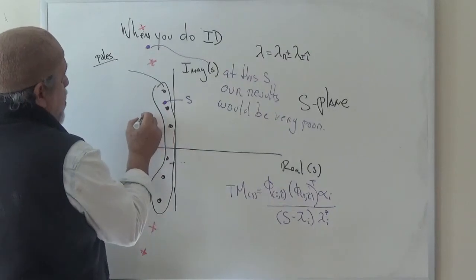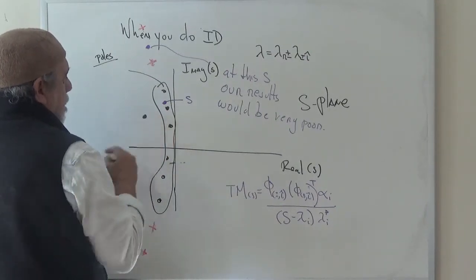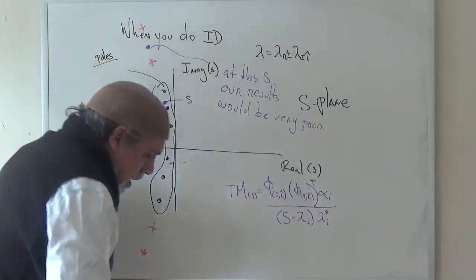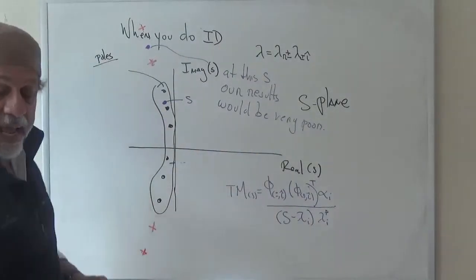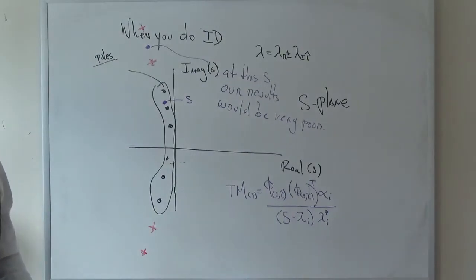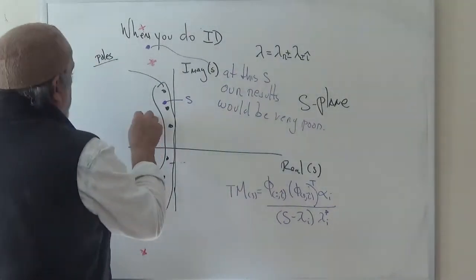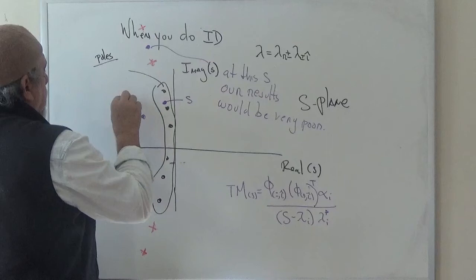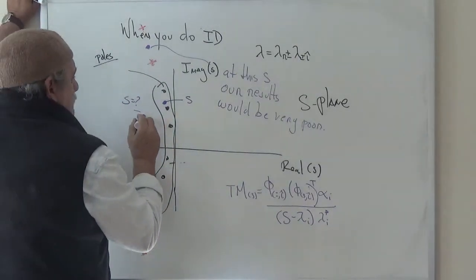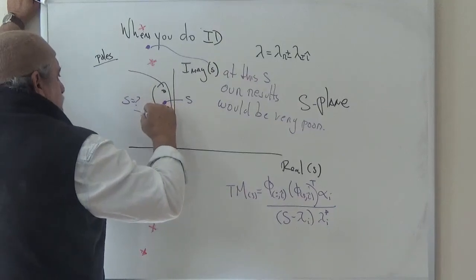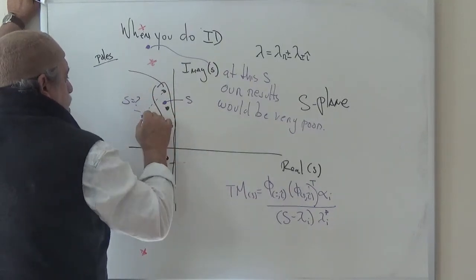Now you could ask the question, what about an S value that is over here? Is that all right? Well, that may be all right. It's just going to depend on the distance to the poles, right?